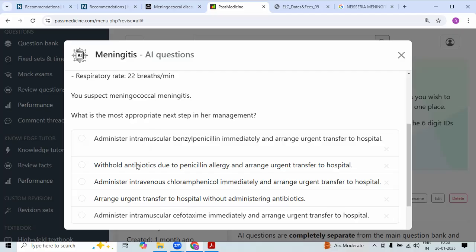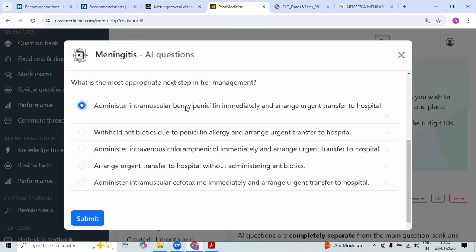So you will give penicillin immediately here, or will you give chloramphenicol because you think you might have allergy to benzyl penicillin and then transfer her? Or you might withhold the antibiotic because you want to do LP and you want to do cultures.